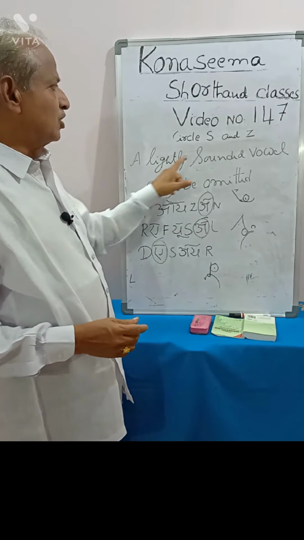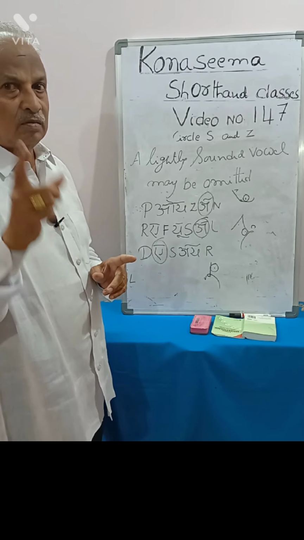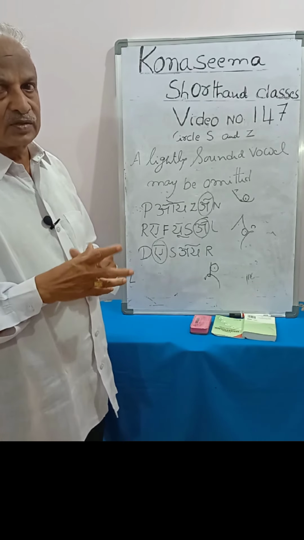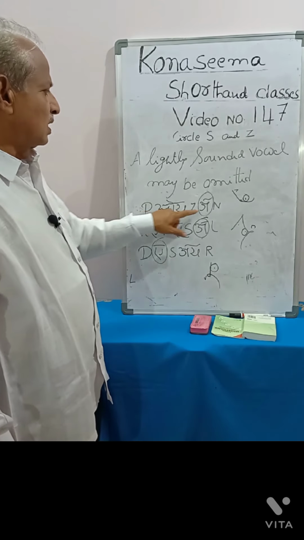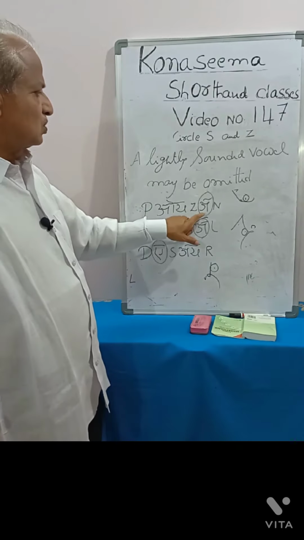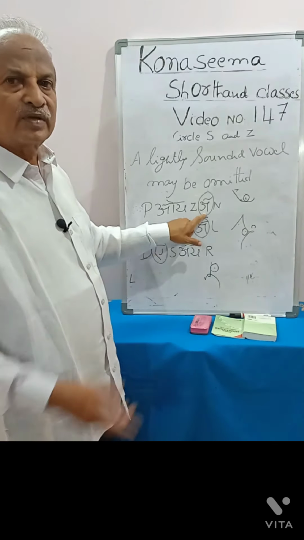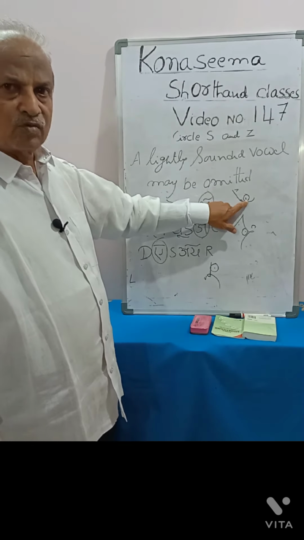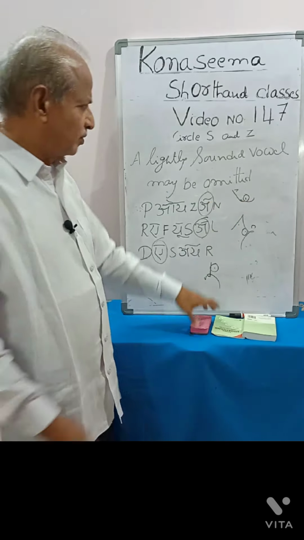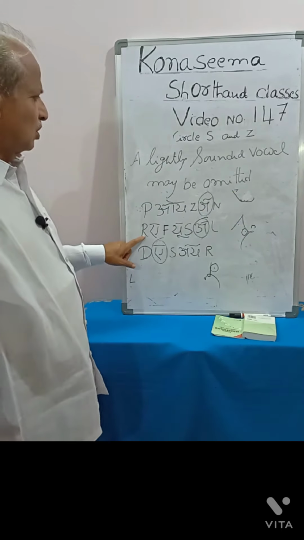A lightly sounded vowel may be omitted. If a vowel is very light, it can be omitted, as in the words poison. Here this A can be omitted because in poison it is a very lightly sounded vowel. Actually we would put the vowel here, but it can be omitted, not necessary to write it.